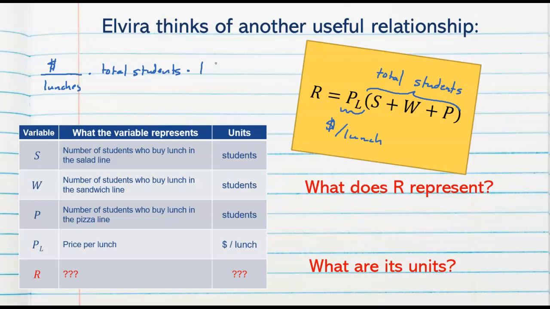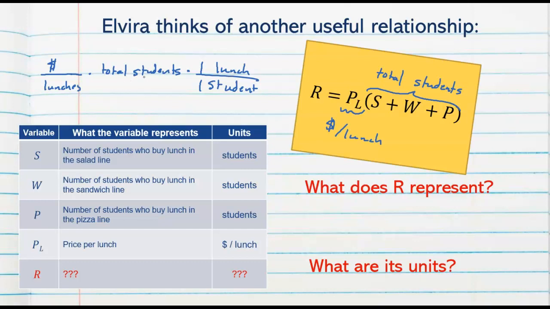If every student equals one lunch, then these become similar units.